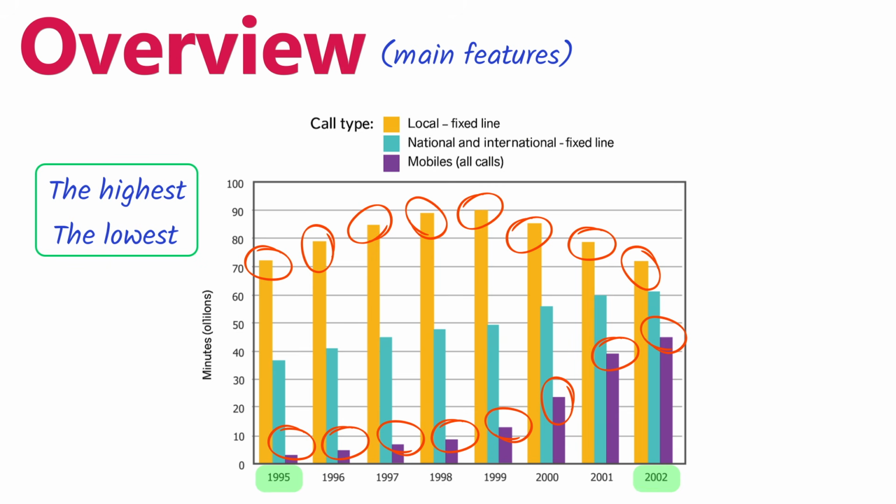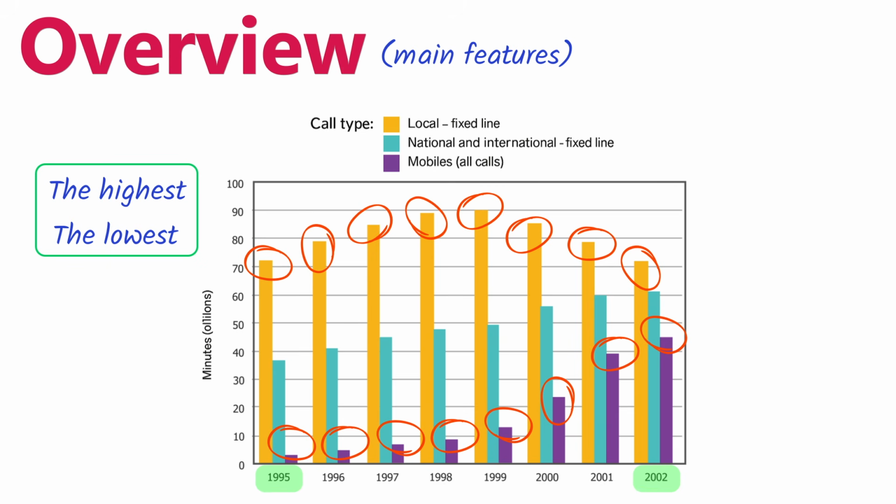And also another thing which is important is that during the whole period of time from 1995 to 2002, the popularity of mobile phones grew over this period of time. And also national and international fixed line grew in popularity, right? But it is not something, let's say, a striking feature. By striking feature, we should talk about the least and the highest point, all right?